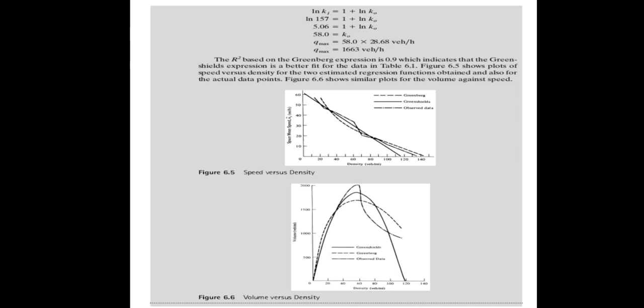The first table shows a plot of speed versus density for two estimated regression functions obtained and also for the actual data points. And the other figure shows similar plots for volume against speed.